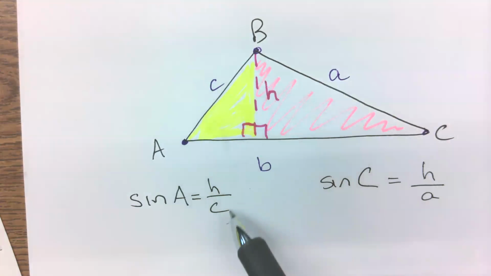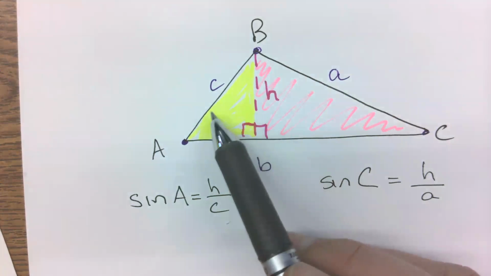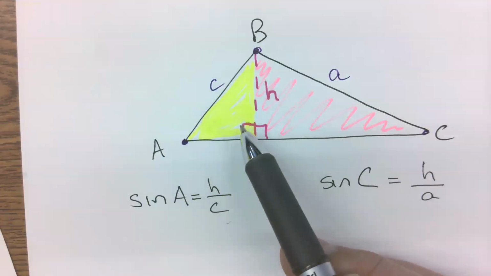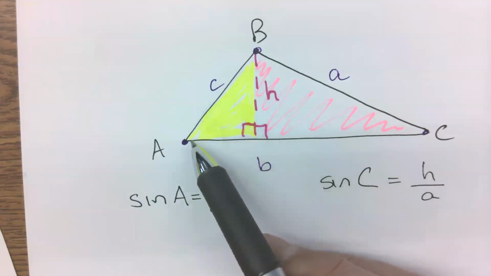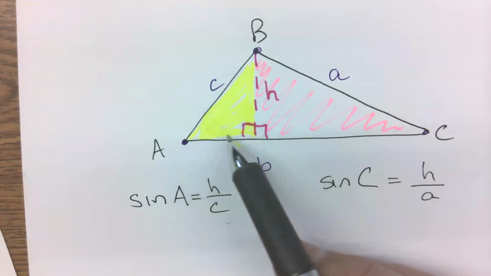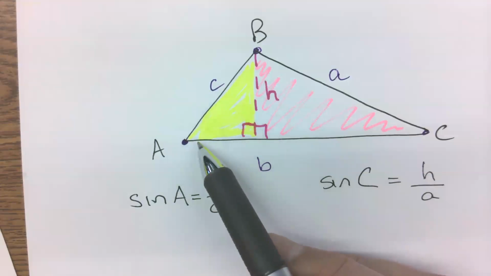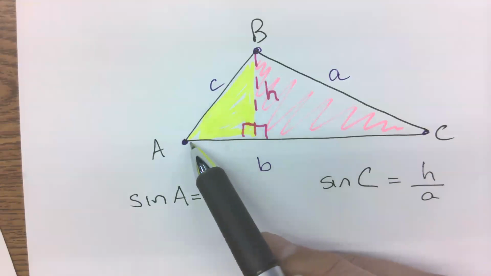But isn't c adjacent to it? Well, you could use the word adjacent to describe this, but the word hypotenuse also describes it because it's opposite the right angle. And the word adjacent we've been using to describe the leg, not the hypotenuse. You're right that it's next to A, and that's the meaning of adjacent, but when we use the word adjacent, we're talking about the non-hypotenuse leg that's adjacent.